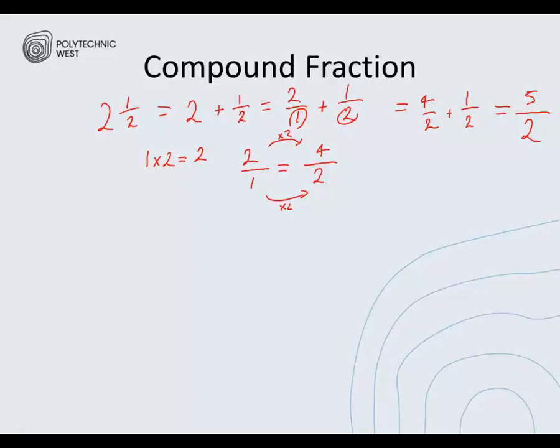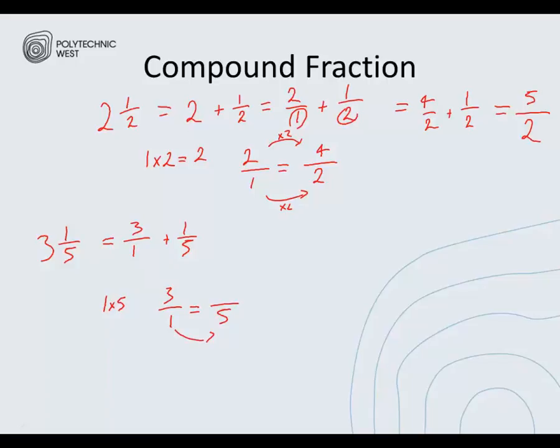3 and a fifth is actually 3 over 1 plus 1 over 5. The number that we want underneath is the two bottom bits multiplied, so it's 1 times 5. The 1 over 5 is already in fifths, so I don't need to convert it. I just need to convert the 3 over 1. So 3 over 1 is something over 5.